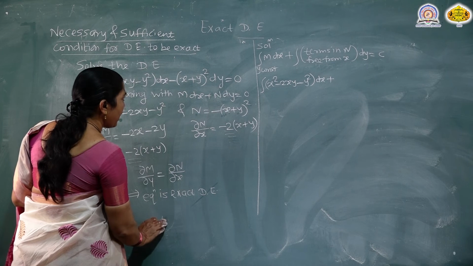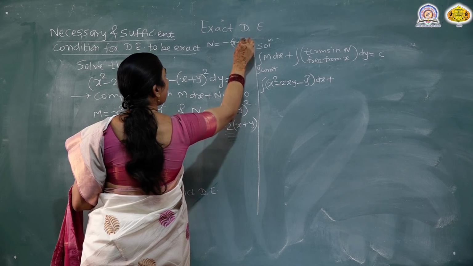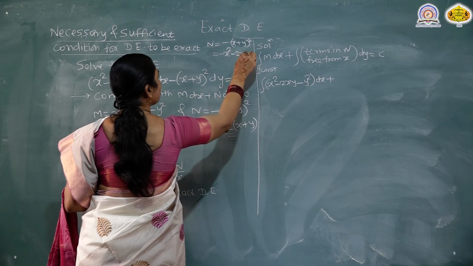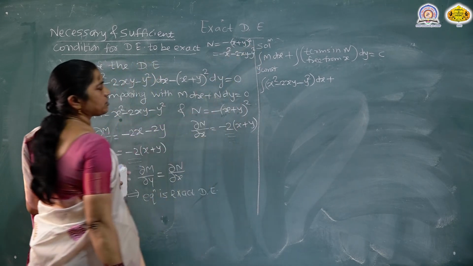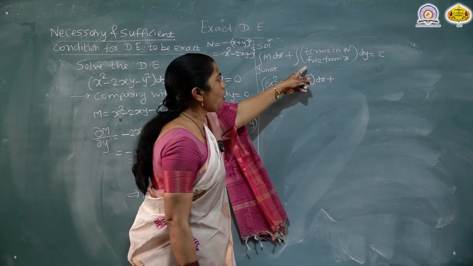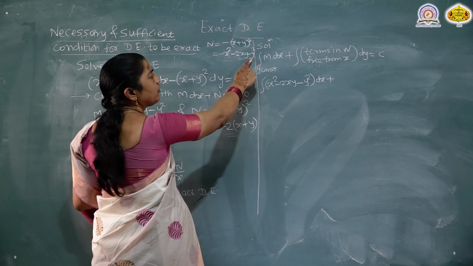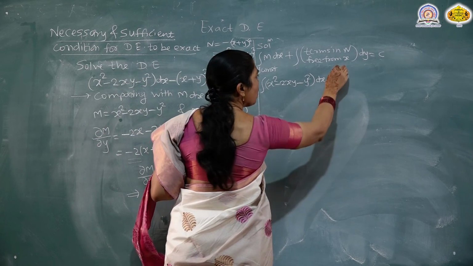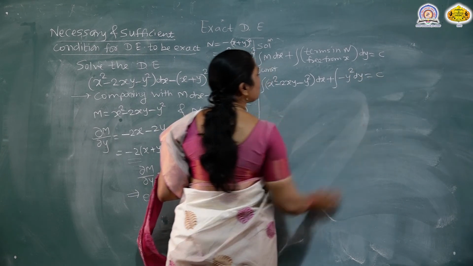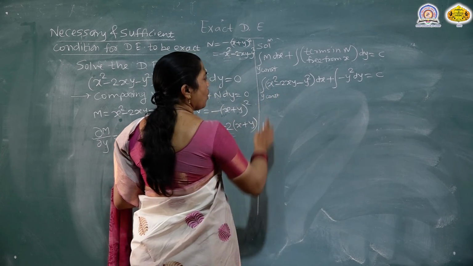If you simplify, N is nothing but −(x + y)², that is −x² − 2xy − y². This is N. We want the terms which are free from x. So we don't want these two terms because they contain x. Only the term free from x is −y². So plus integral −y² dy is equal to c. Here we are keeping y constant and integrating.